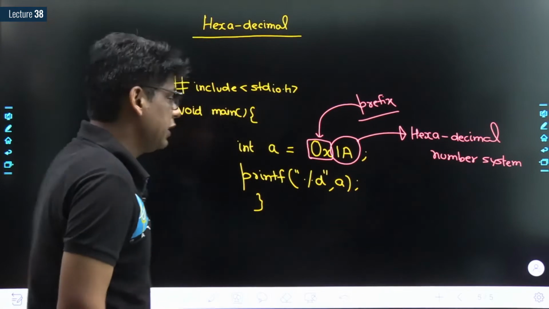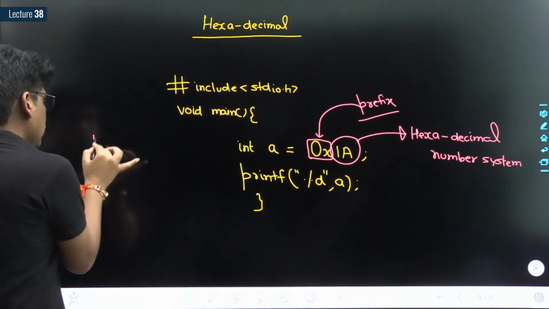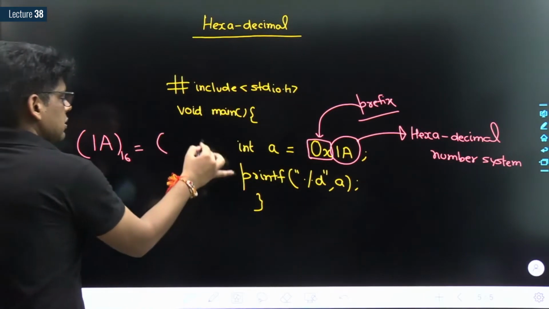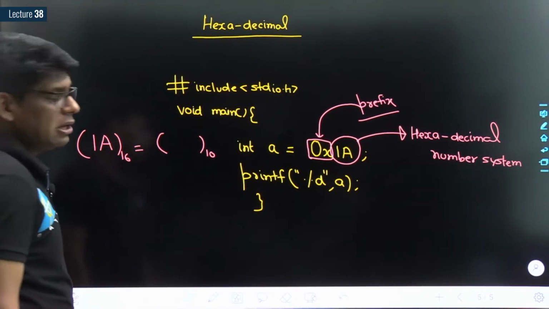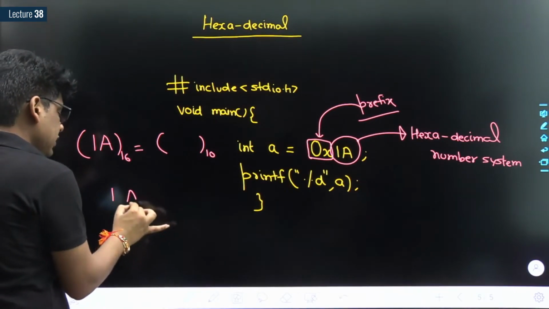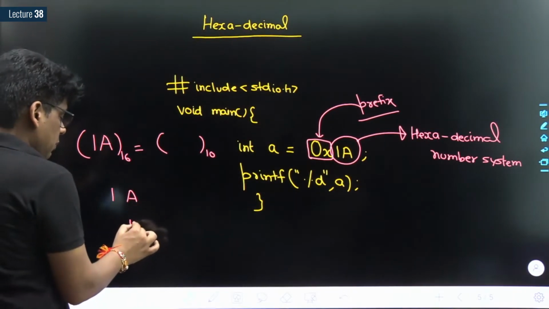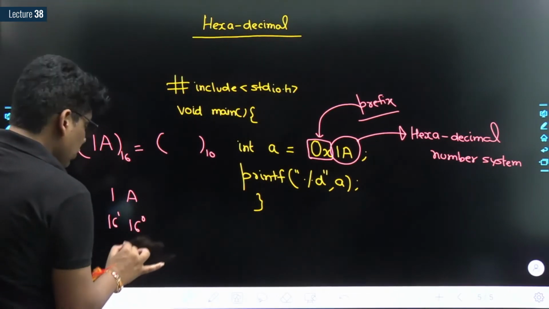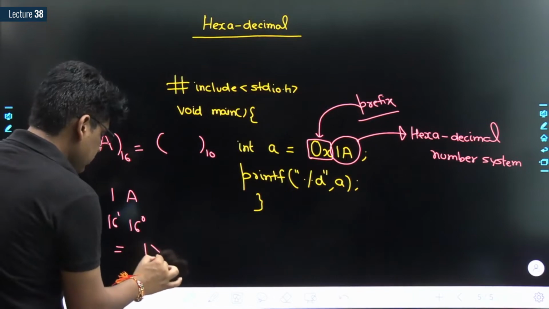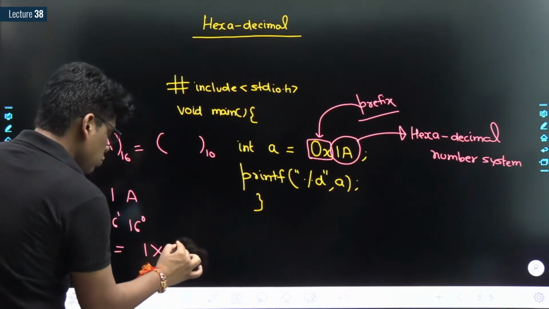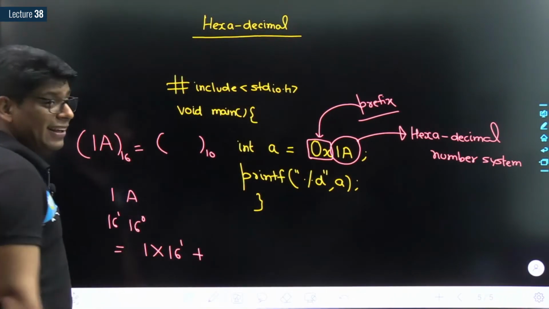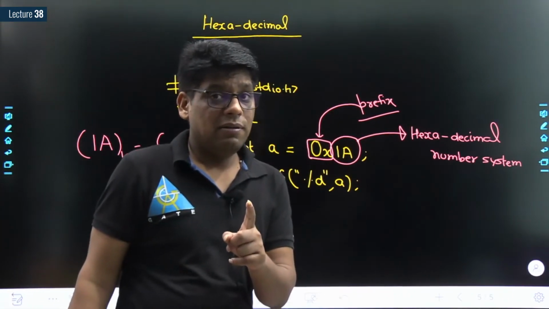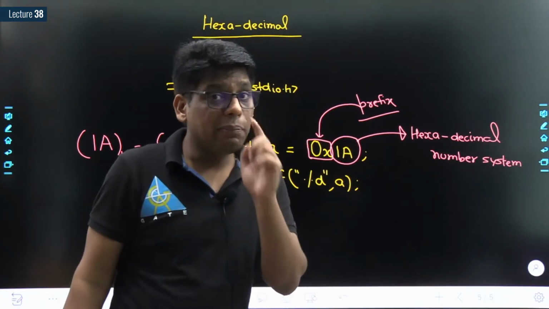Now let me convert it into decimal. So 1a is written in hexadecimal. Sir, what is the equivalent value in decimal? Okay, sir, if it is written in hexadecimal, powers of 16 will be used. When it comes to calculating the decimal value, face value, that is 1, multiplied by 16 to the power 1, plus a. Sir, a is a symbol which is used to replace 10.